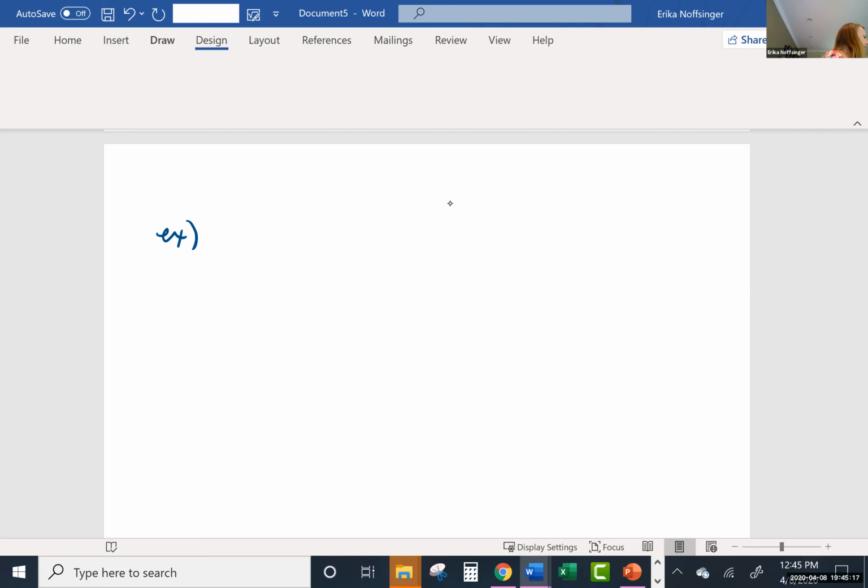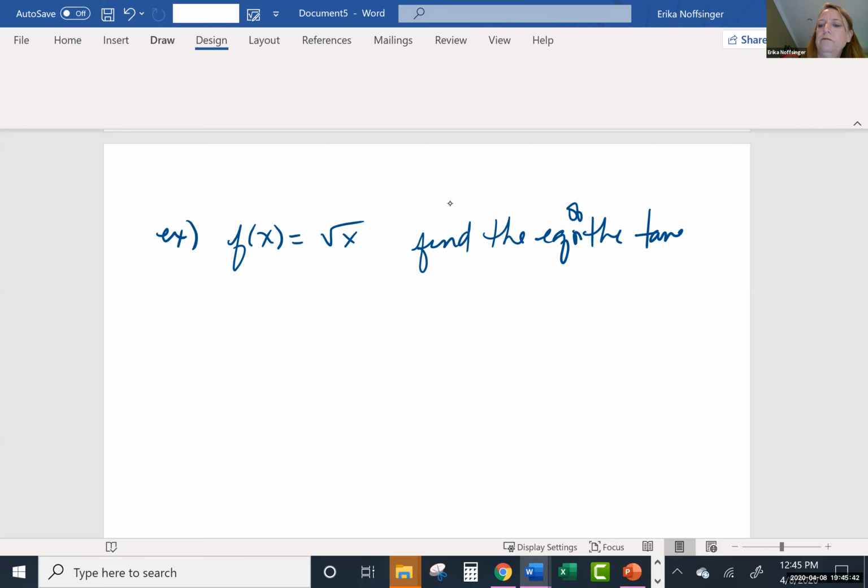So what if it was f of x is equal to the square root of x, and it wanted you to find the equation of the tangent line at the point 4, 2.